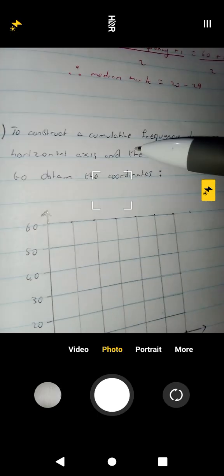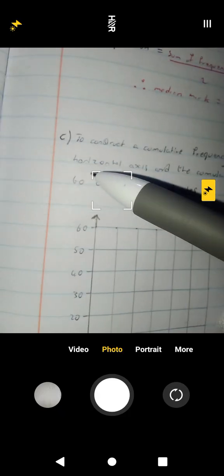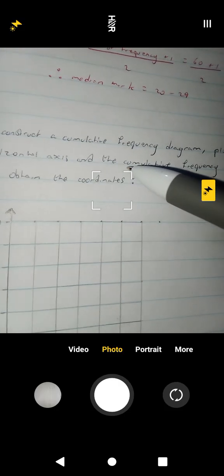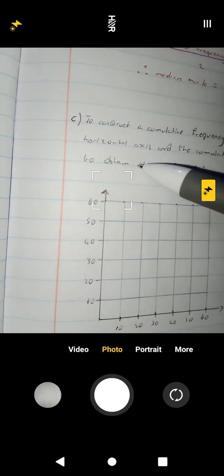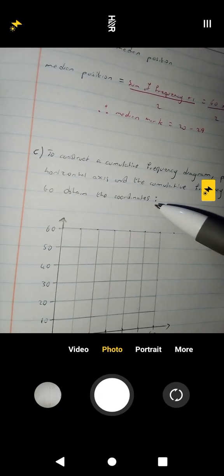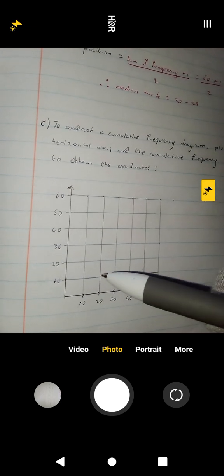To construct a cumulative frequency diagram, you plot the marks on the horizontal axis and the cumulative frequency on the vertical axis to obtain the coordinates. So let's first label the axis.